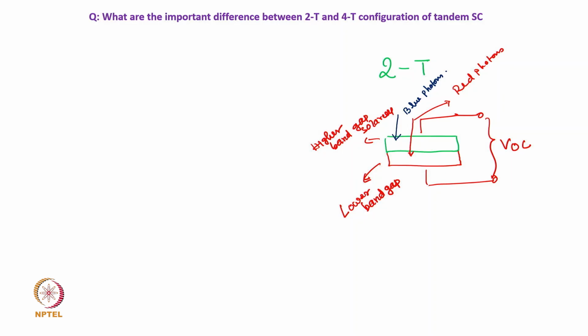A typical example is lower band gap is silicon and higher band gap is perovskite solar cell.